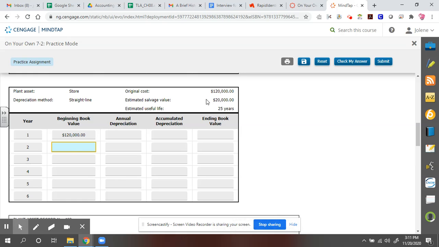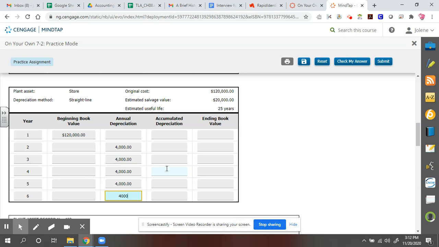That's how much we're having to depreciate, $100,000 divided by 25 years. So each normal year is going to be $4,000.